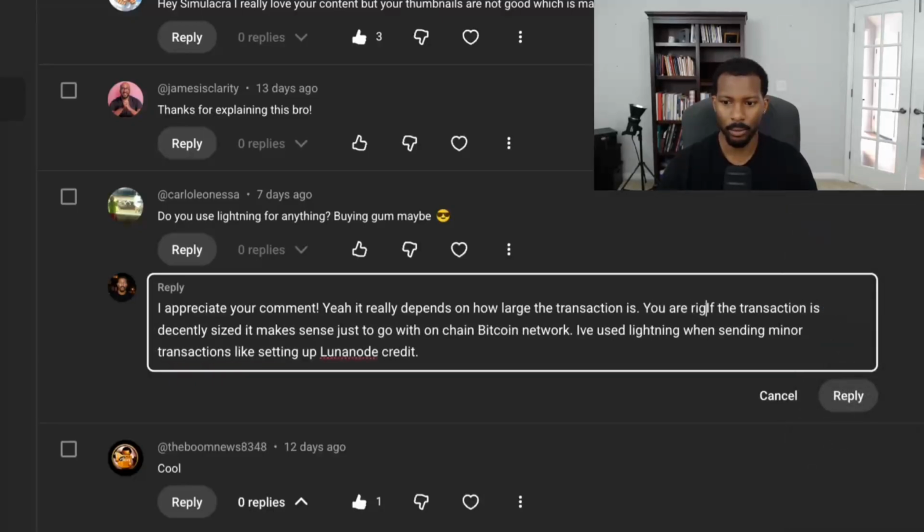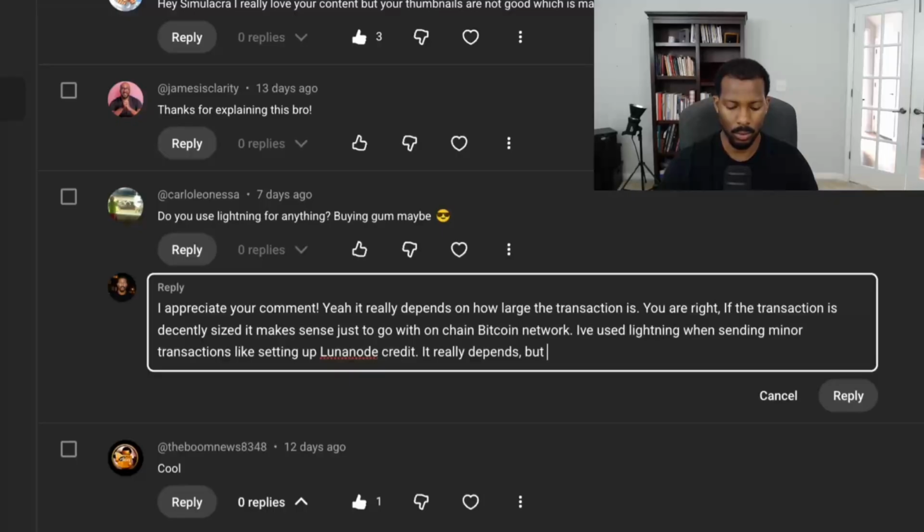You are right. If the transaction is decently sized, it makes sense just to go with the on-chain Bitcoin network. I've used Lightning when sending minor transactions, like setting up Luna Node credit. It really depends.